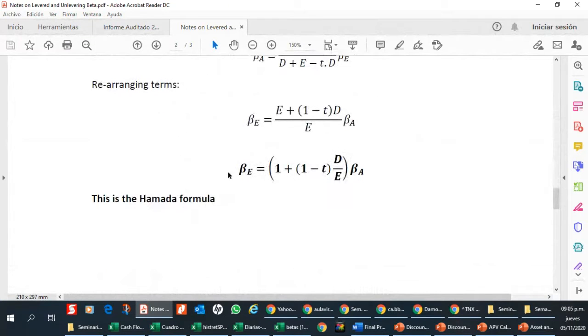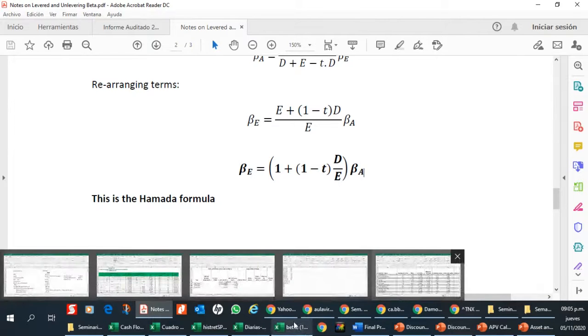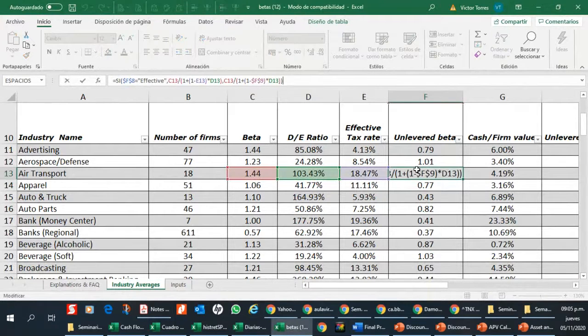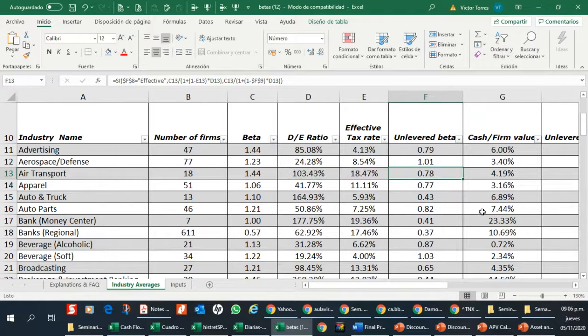This formula that I'm presenting here, you probably have seen before, to unlever betas, and it's the formula that Damodaran is presenting here when calculating the unlevered beta, the asset beta that we have. So once again, that beta reflects the risk of the business for a company in this particular industry, and that company does not have any leverage, no debt at all.